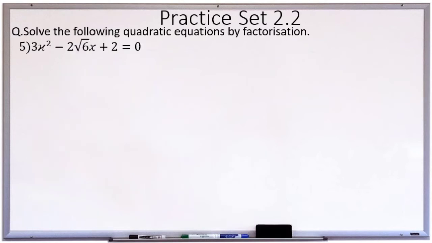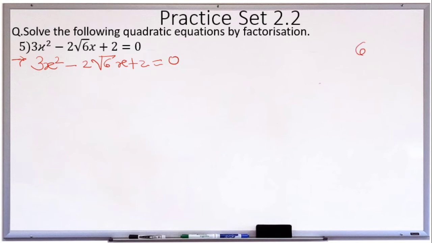Now question number 5, 3x square minus 2 root 6x plus 2 equal to 0. So first we write the given equation as it is, that is 3x square minus 2 root 6x plus 2 is equal to 0. Now we have to find the factors. A is 3 and C is 2, so 3 twos are 6.